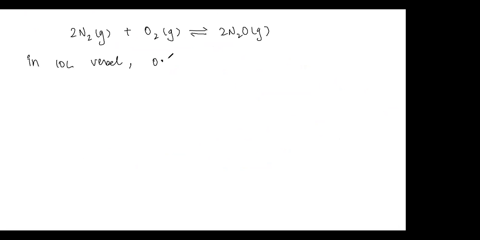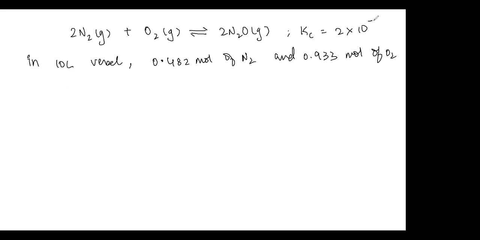You take 0.482 mole of N2 and 0.933 mole of O2. And you start the reaction. So some amount of NO2 has been produced. And you know that the Kc value for this equation is 2 into 10 to the power minus 37. Then what is the composition of the equilibrium mixture?